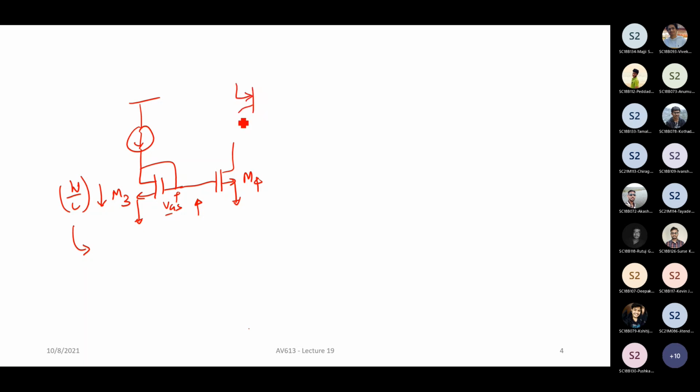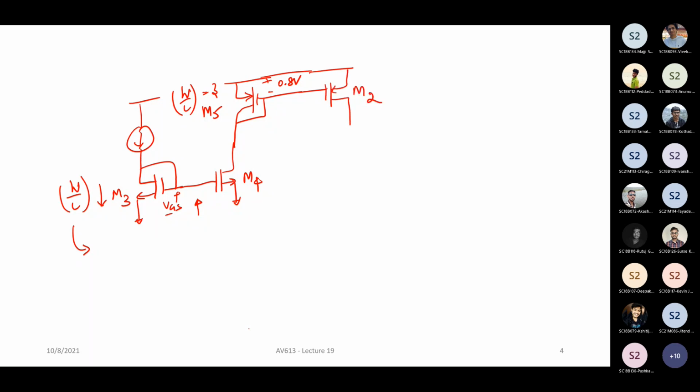But then when you come to this point, what happens? This M5 W by L ratio has to be, let us say, for example, also chosen to be some 2 or 3. Okay. And let us say you are having a VSG, which is going to be some 0.8 volt. Okay. Now what will happen?